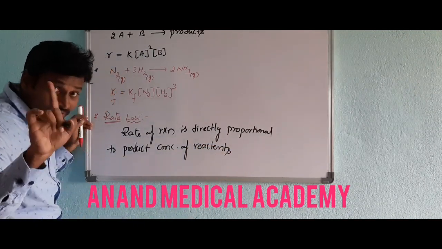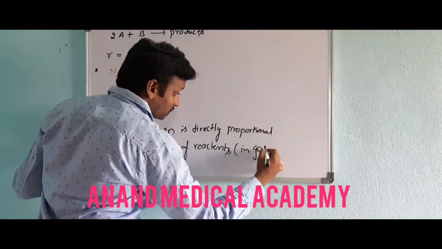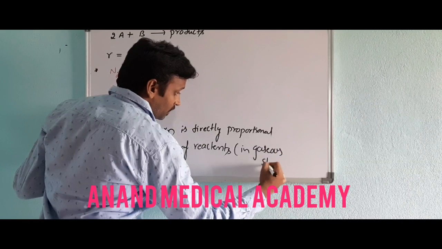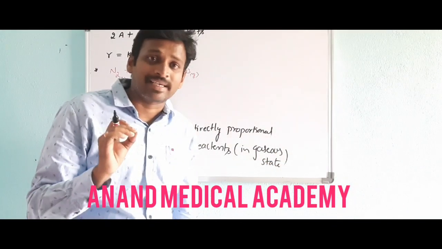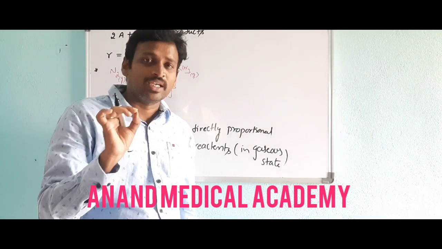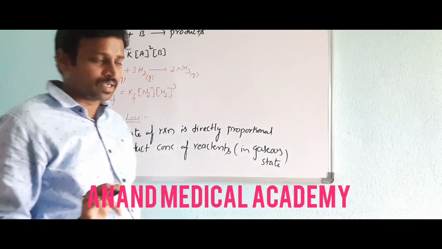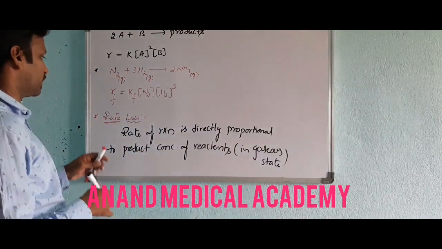But what kind of reactants? In gaseous state. Please revise the concept of Kc, the concentration equilibrium constant, that we discussed in chemical equilibrium. Please note that. And I gave 3 cases. So that is very important.